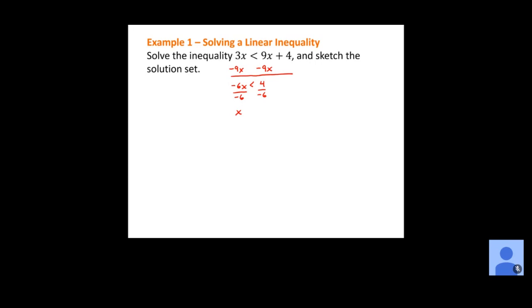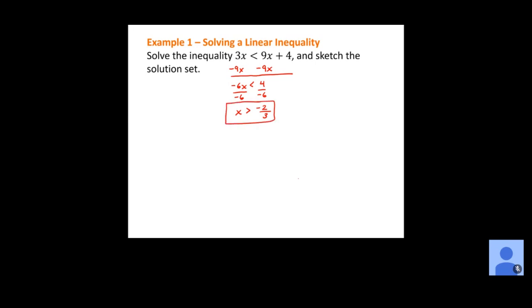In this case, because we divided by a negative value, we have to flip that sign. So now instead of less than, it becomes greater than. Now if we simplify 4 over negative 6, what's that going to give us? Good. Negative 2 over 3. So there's our solution.